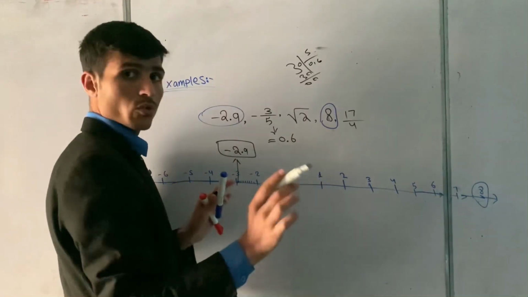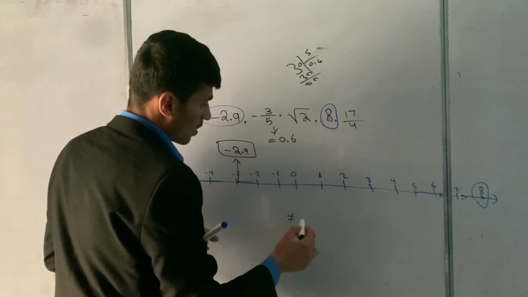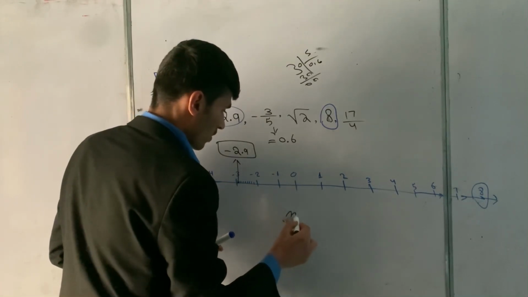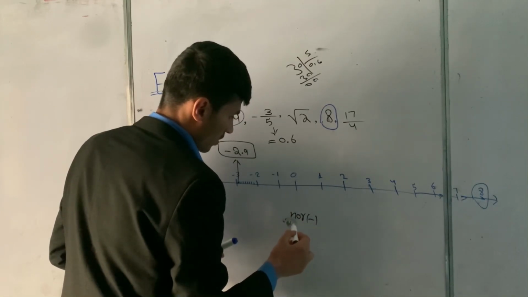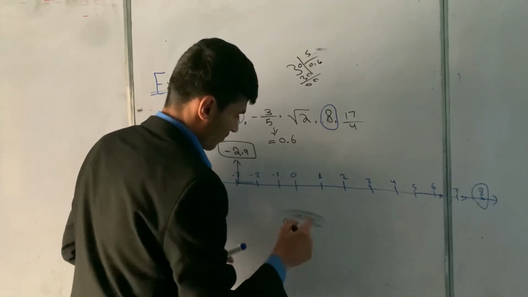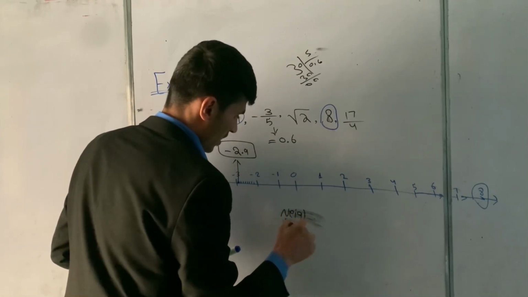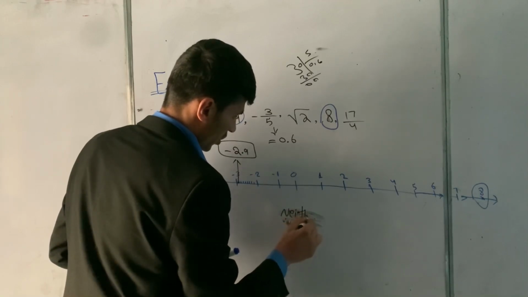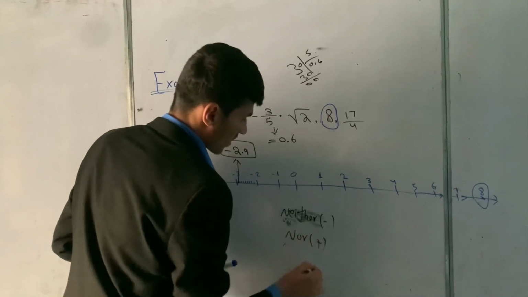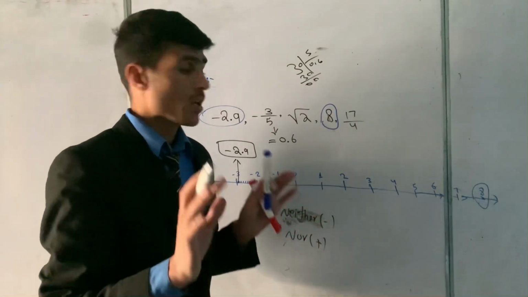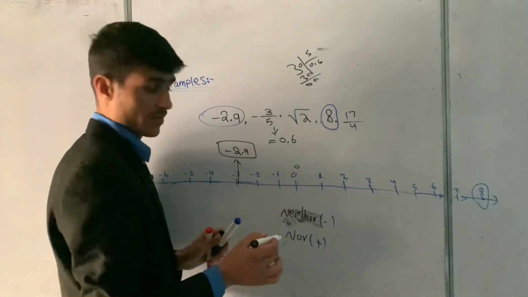Just remember, 0 is neither negative nor positive. 0 has no charge. It is neutral, having 0 charge on it.